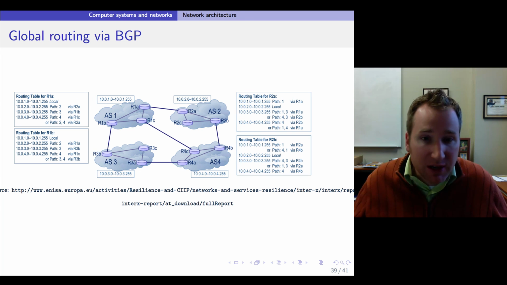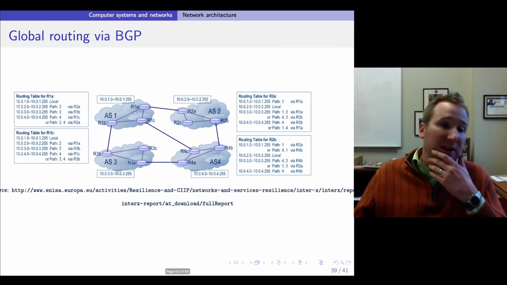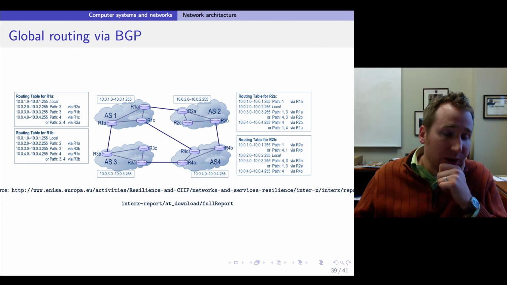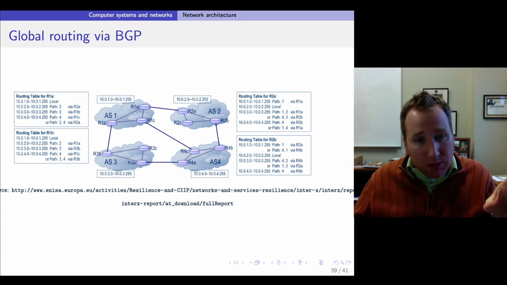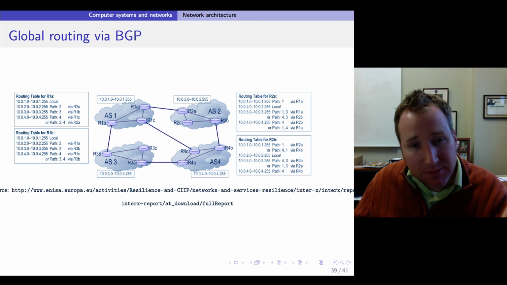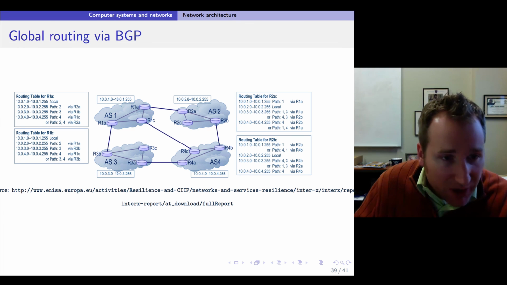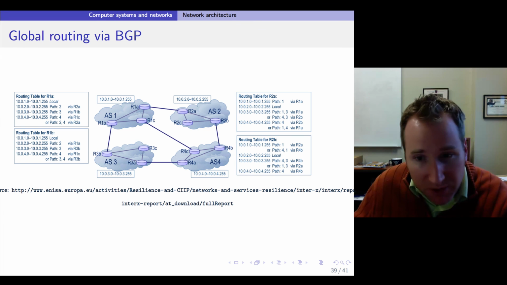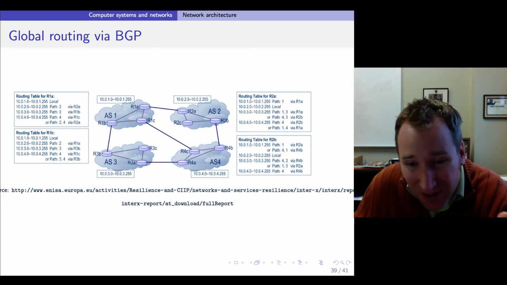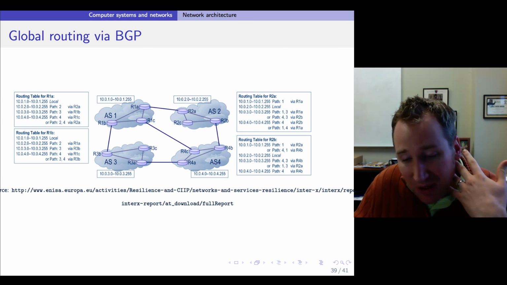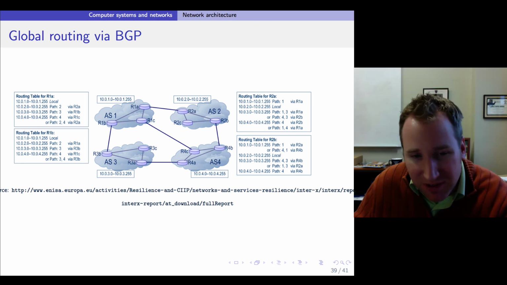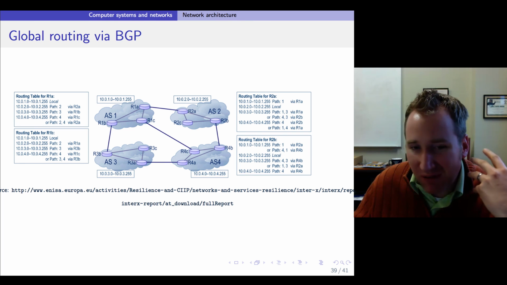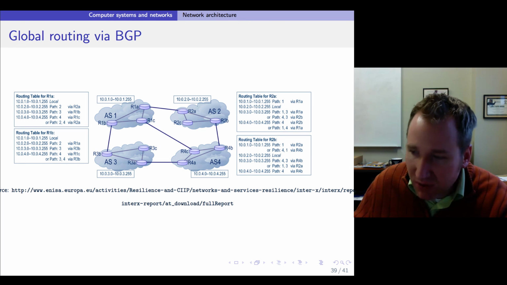Well, it turns out that somebody who wants to manipulate this can come in and do so by just announcing a route that is shorter than the other one, and that will then allow people to just believe it, because there is no mechanism for ensuring trust in these networks. If someone announces a route, it must be true, therefore we're going to believe it.